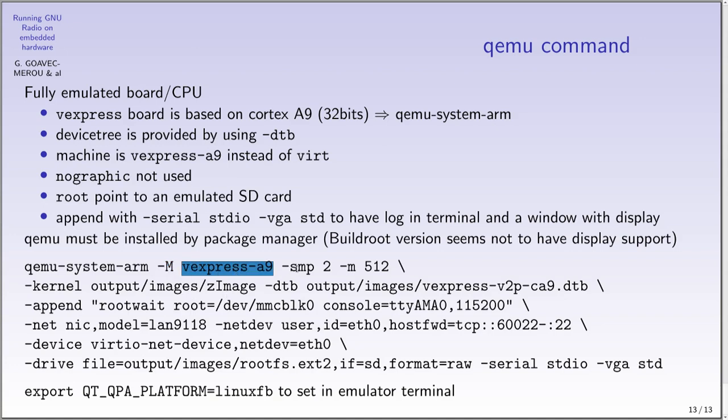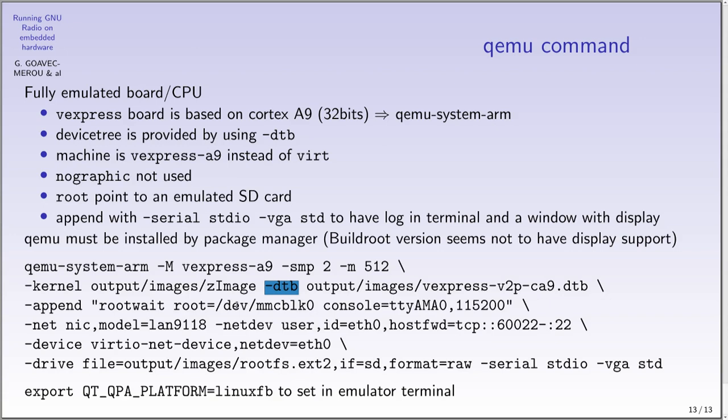To demonstrate, we use 2 cores by using SMP, and small RAM. This time we have a device tree, so we provide this file using this option. The root file system points to a real or emulated device instead of a virtual one.